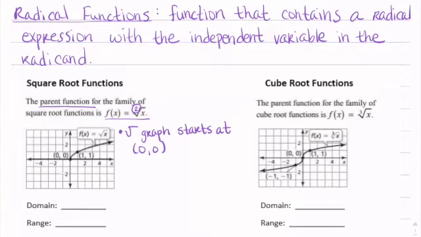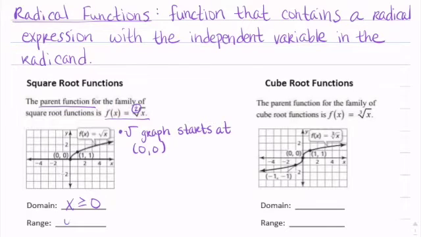And because it doesn't have any negative x's or negative y's, our domain for this graph, x, remember domain is always x values, is going to be greater than or equal to 0. So it starts at 0 and it gets bigger.